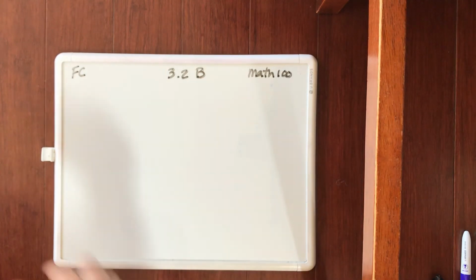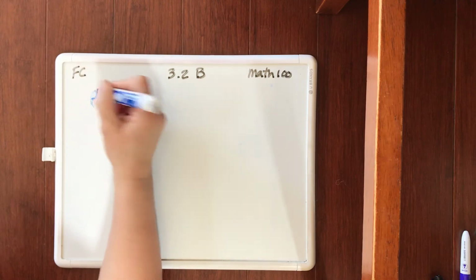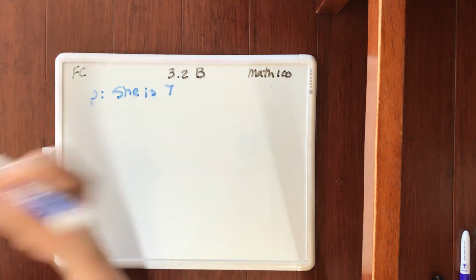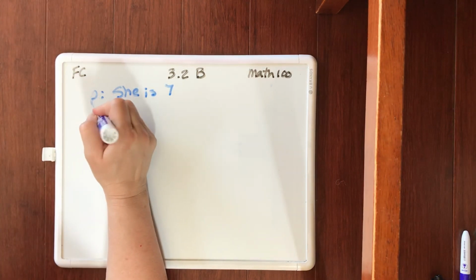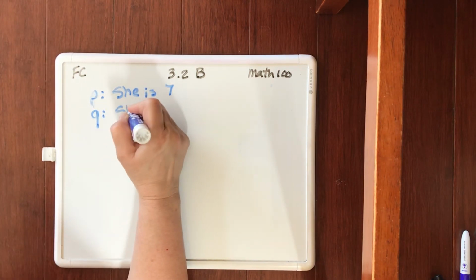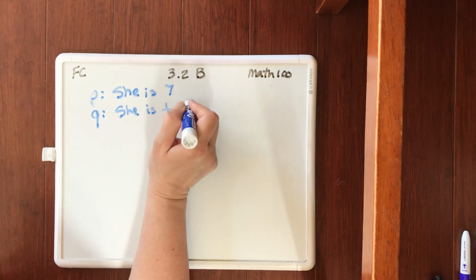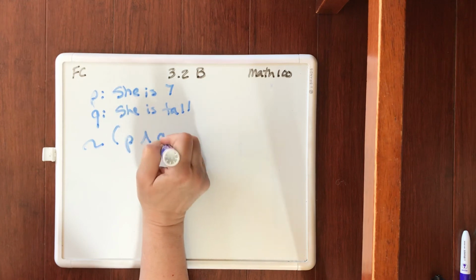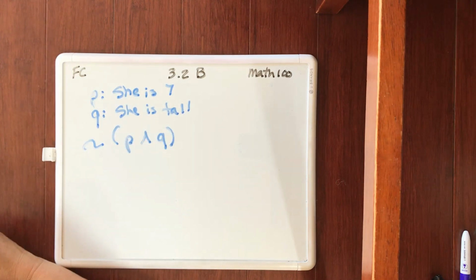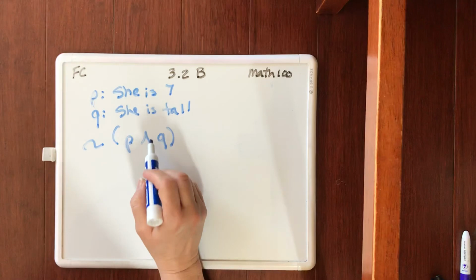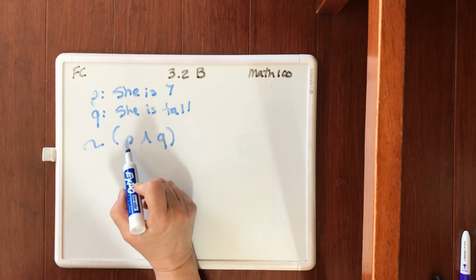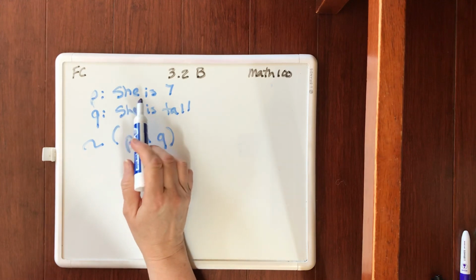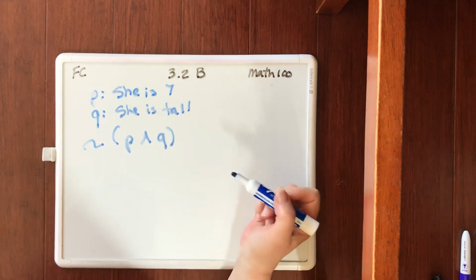All right, so let's say P represents the statement she is 7, meaning 7 years old, and Q, she is tall. What would this represent? Well, let's start off with the parentheses. This statement is P and Q, which is she is 7 and she is tall.